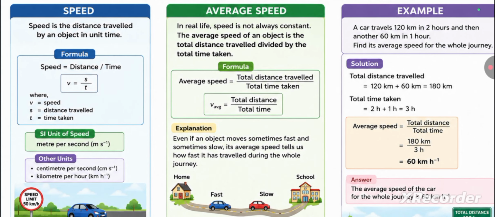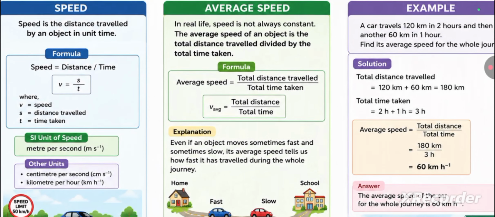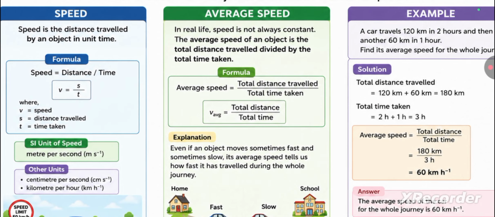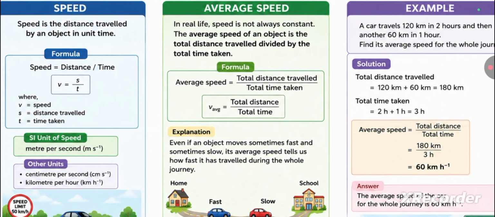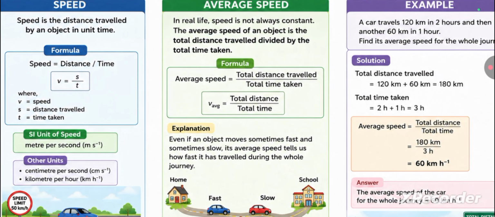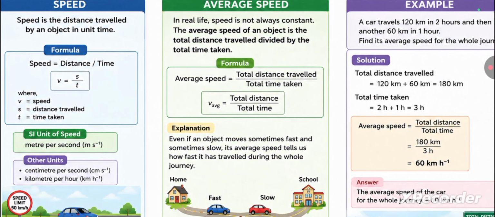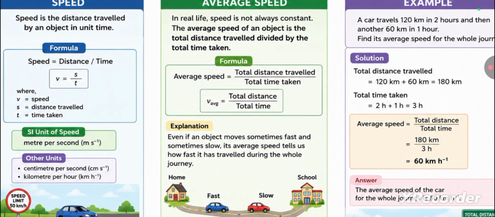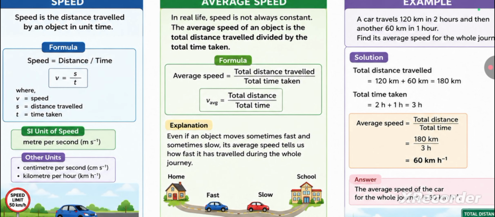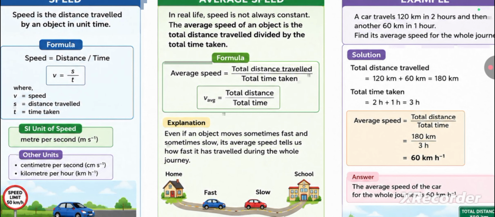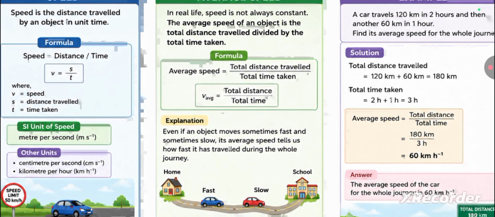Next one, average speed. In real life, speed is not always constant. The average speed of an object is the total distance traveled divided by the total time taken. The formula of average speed is V average = total distance traveled divided by total time taken.